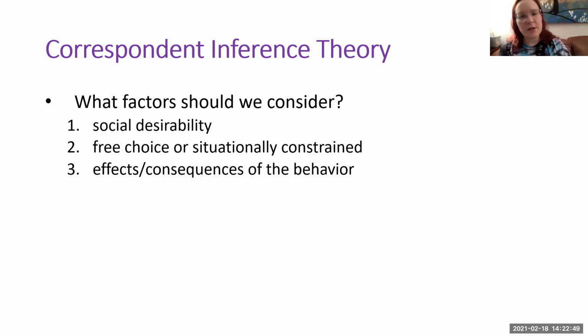The third factor that we would consider is, what are the outcomes of this behavior? If we do this and it actually makes life harder, then that's a negative consequence for this behavior that might be more informative than if we did it and it went really well.